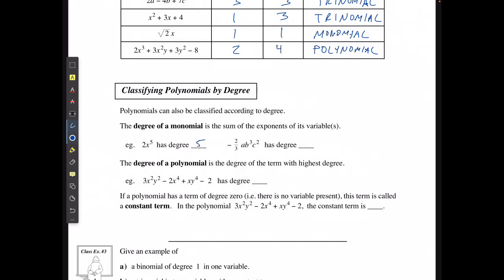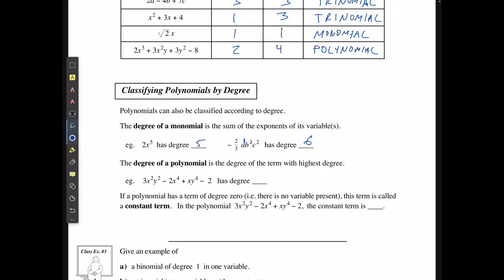In the second case, even though it doesn't list anything for A, I know that if there's an A there, it has an imaginary exponent of 1. So I have 1 plus 3 plus 2. This is going to give me a sum of 6 if I add up all the exponents attached to the different variables.